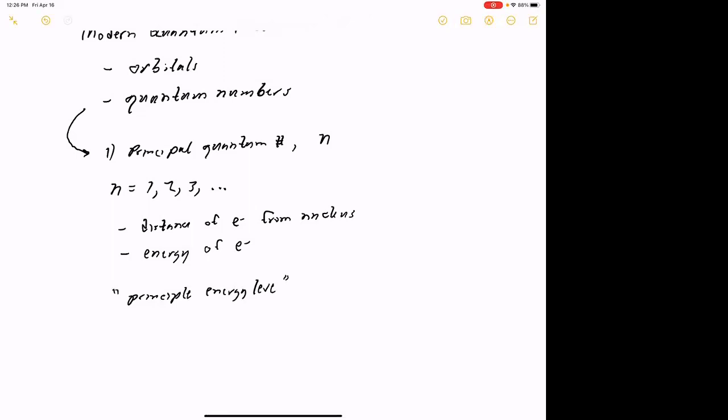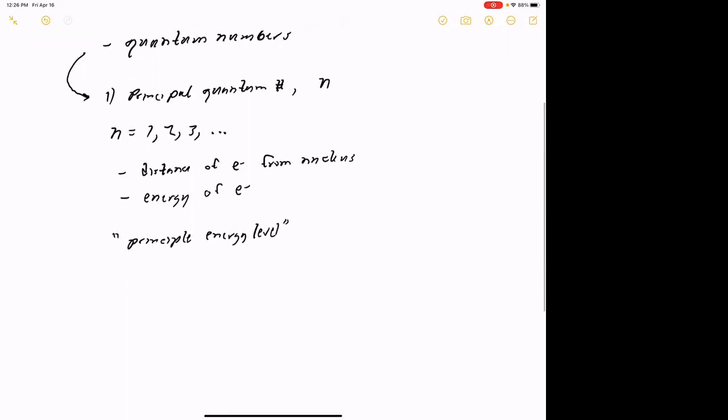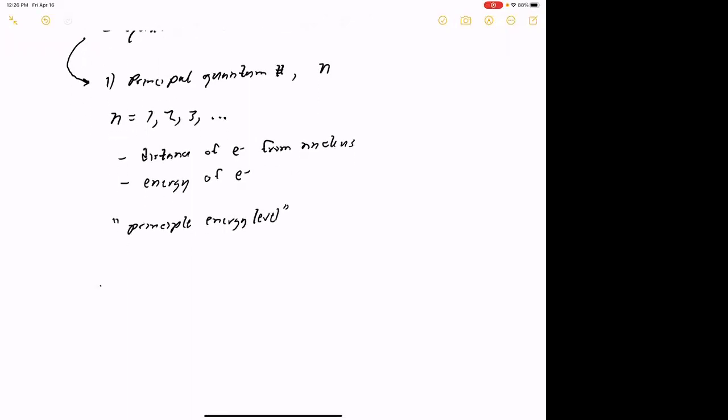As we move out from one orbit to the next, we can also say we're moving out in terms of what we would call principal energy levels. So this is more or less what this quantum number is telling us about. That's again the most general kind of quantum number that we can talk about. Moving on to a slightly more specific one, the second one is the angular momentum quantum number.